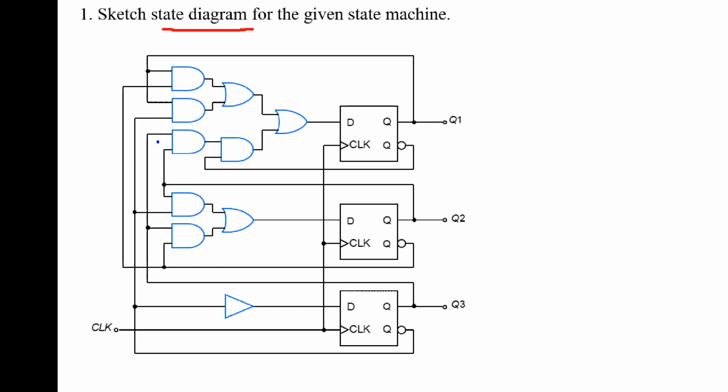You should know the input, output and state variables. For this one, how about input? There's no X input, no X input. That means the circuit has just the clock.